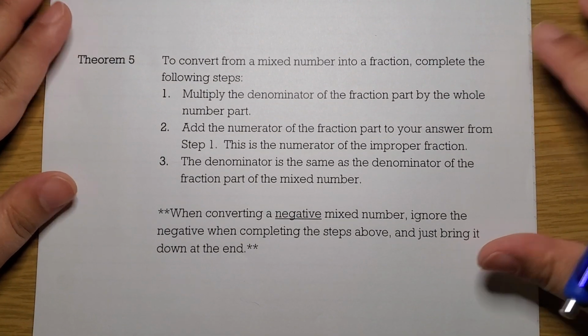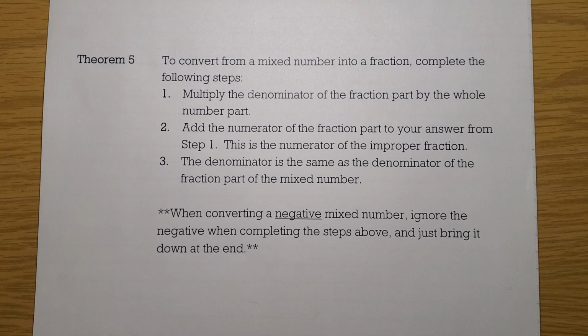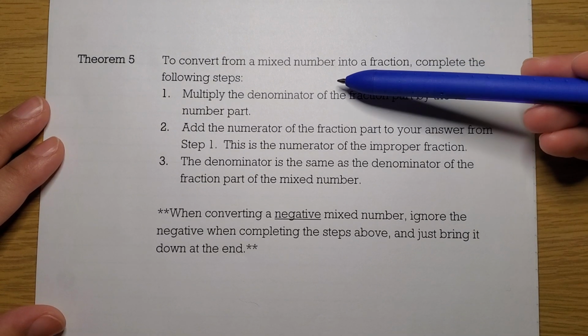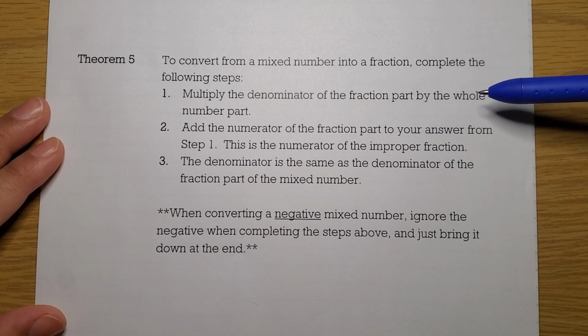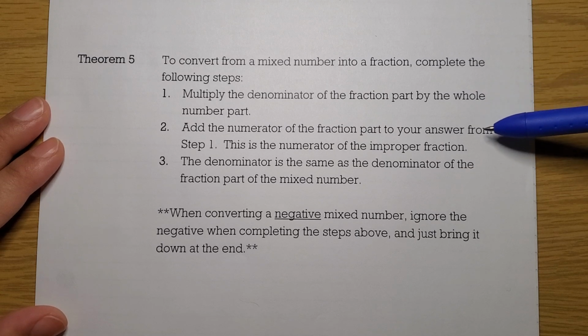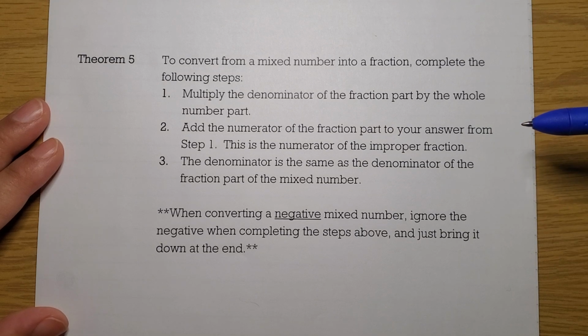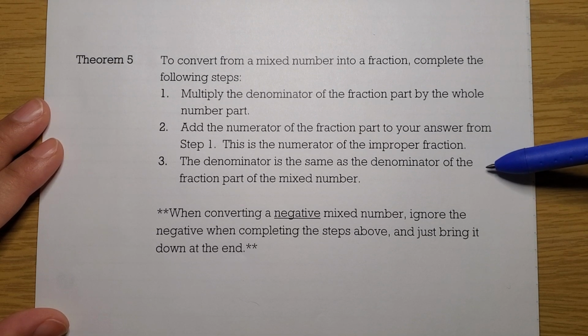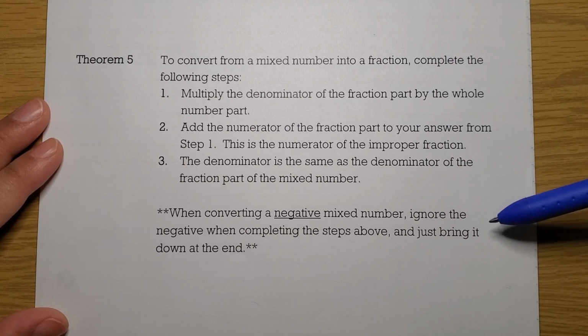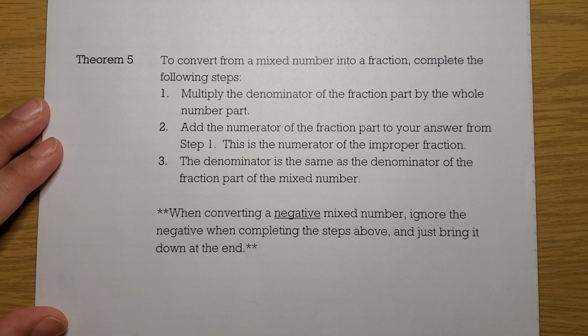So I've got theorem 5 here. To summarize those steps, you're going to multiply the denominator of the fraction by the whole number part, the big number. Then you add the numerator to that answer, and that's going to be the numerator of the improper fraction, and you just keep the denominator the same. Now I do have an important note here about if you have a negative mixed number, because negatives can change the results of your multiplication or your addition.